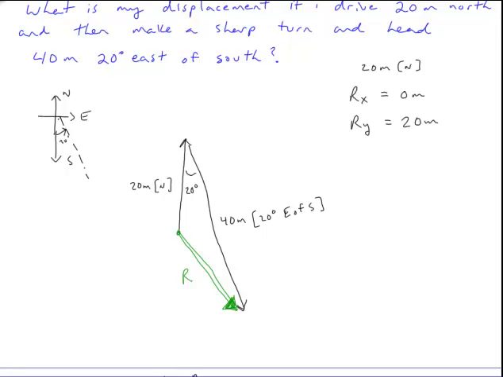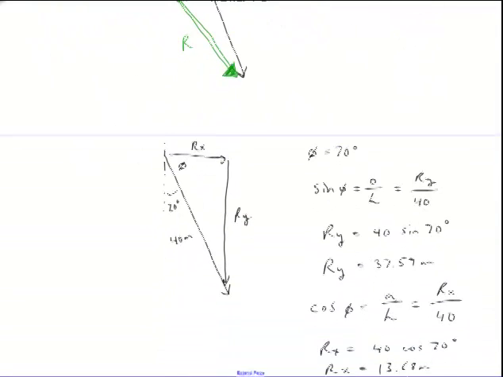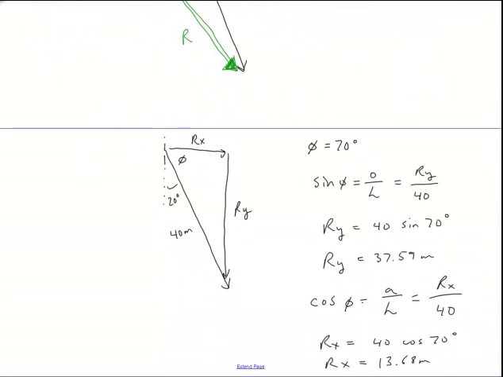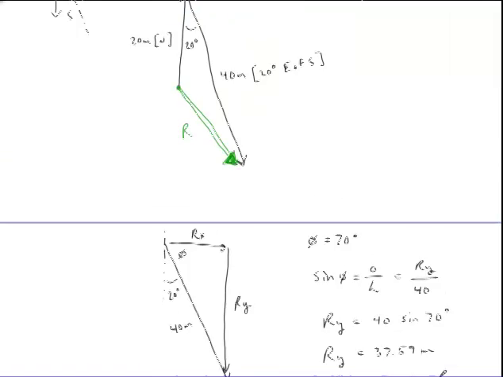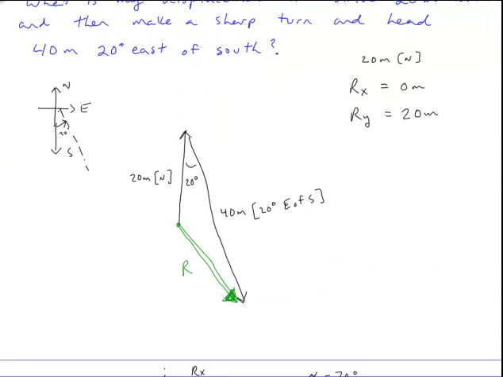So, we want to add our components of the vectors together to draw a new triangle. To do that, we have to keep in mind what direction we're going. Remember we said up is positive and right is positive.